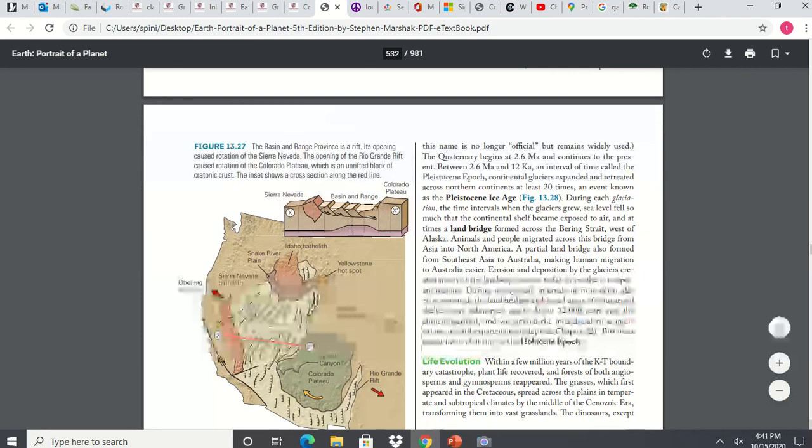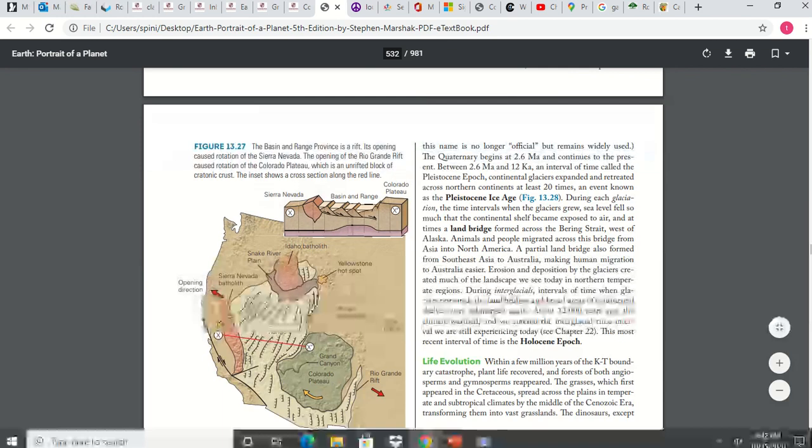Interestingly, the only marsupials that are still living in the United States are possums. And so possums, those nasty little critters that come out of the woods at night, are the only marsupials left in the United States.